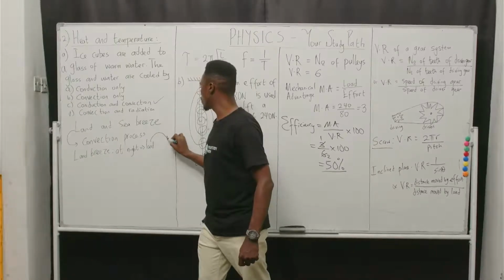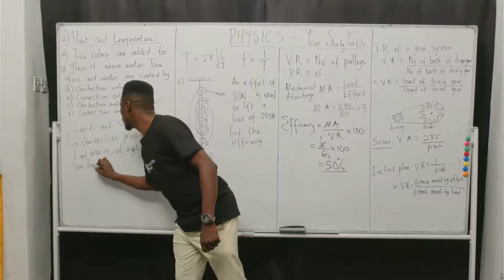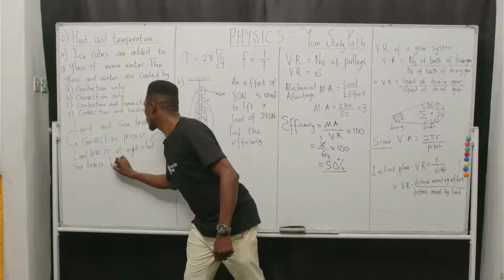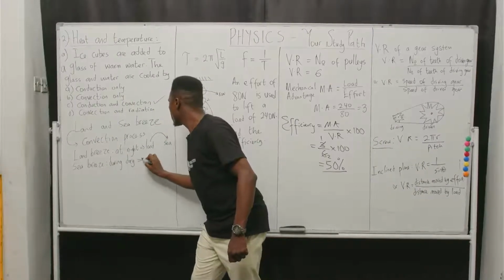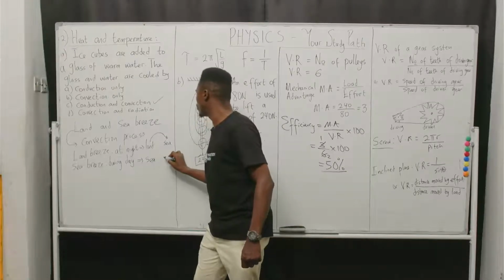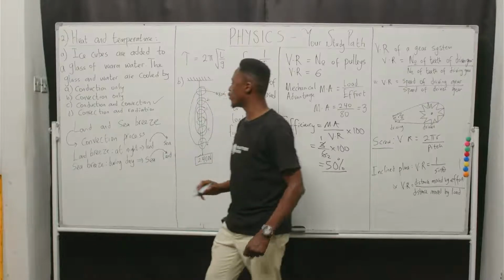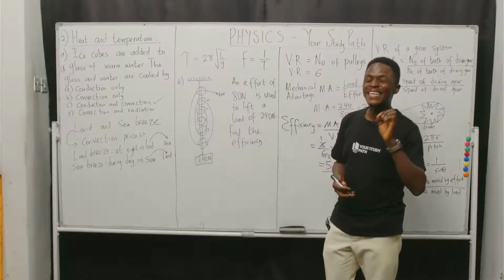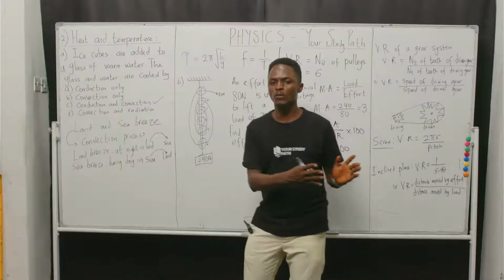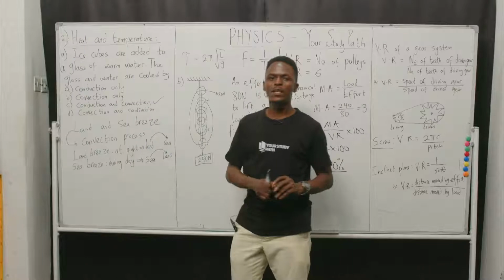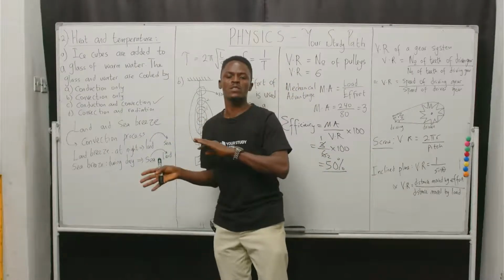Sea breeze occurs during the day, and it involves sea breeze towards the land. Have that at the back of your mind. The key concept: cool breeze blows from the sea to the land during the day. At night, cool breeze from the land blows towards the sea.